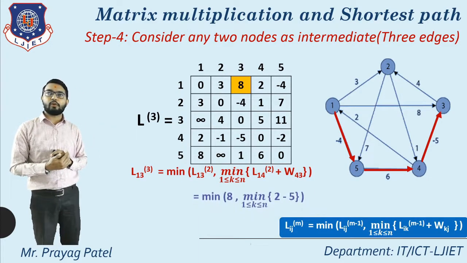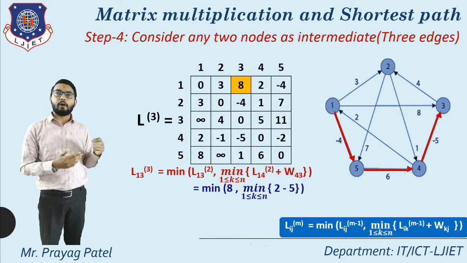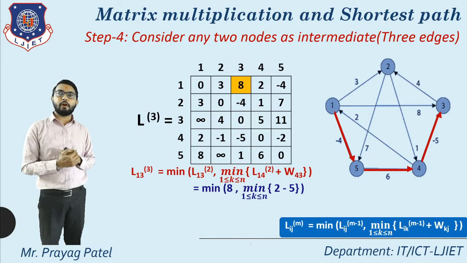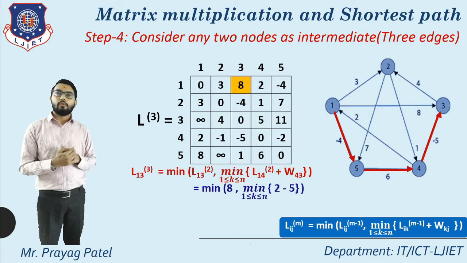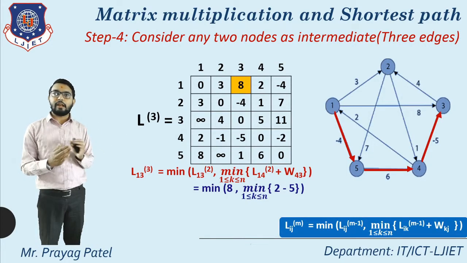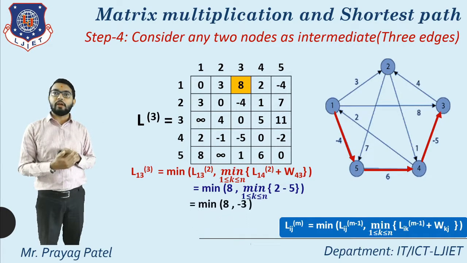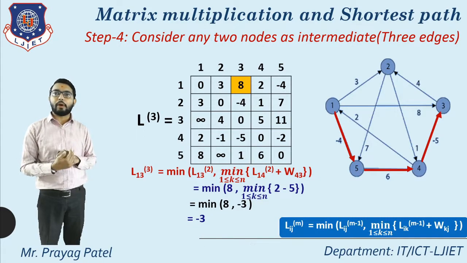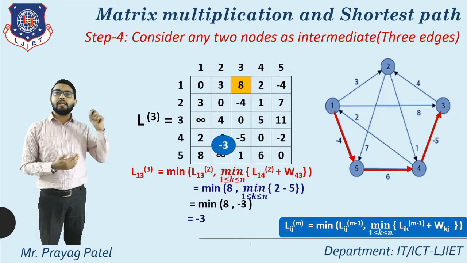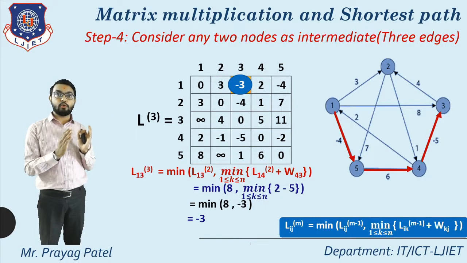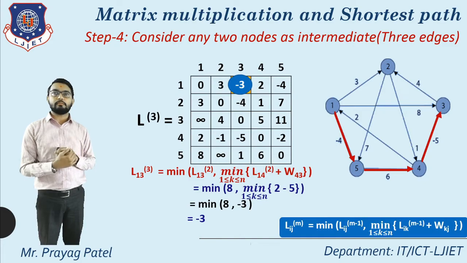According to our formula, the minimum of 8, the old value, and the new value, which is 6 minus 4 minus 5 equal to -3. So the minimum of 8 and -3 is -3. So put the -3 at location 1, 3. So here we considered two nodes as intermediate nodes.